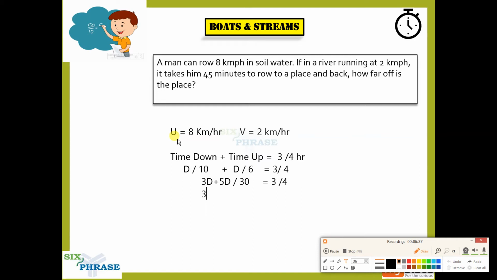It is 32d is equal to 90. So d is equal to, you're going to get 90 by 32, guys. Okay, so this is in kilometers. Mark it like this, 90 by 32, which will be approximately 2.81 kilometers. Okay, so this is the answer.